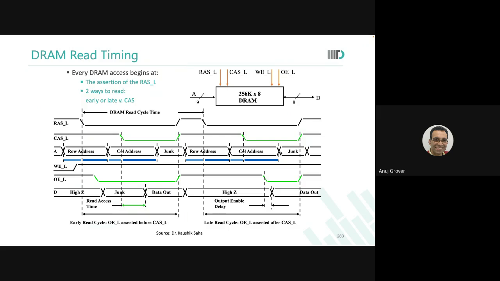But the driver acts only when the output enable becomes active. So early read means that my output enable was already active. So as soon as my column address came and my output was ready, it would be asked to leave the room. It would be asked to leave the chip.